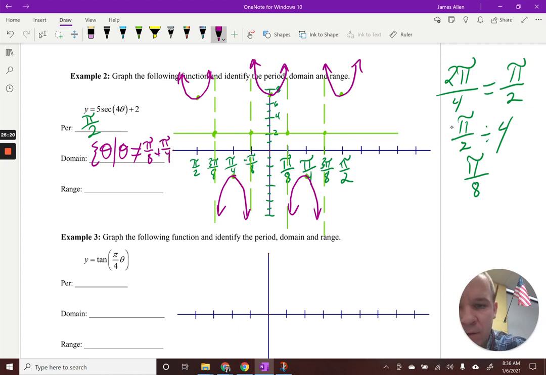So pi divided by 4n. There's my domain. Theta cannot equal that. I'll get an asymptote every time. My range, we can use y, is y such that y is less than or equal to -3. I am including those values. And then greater than or equal to 7, which is where we started.